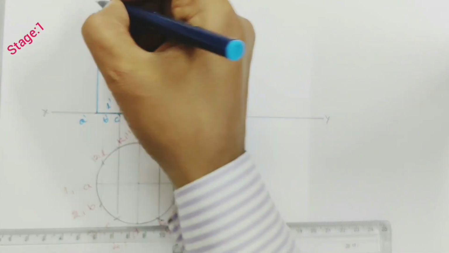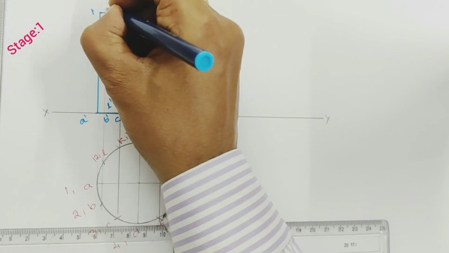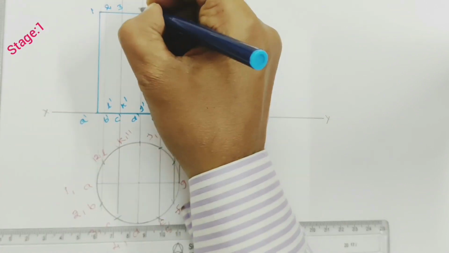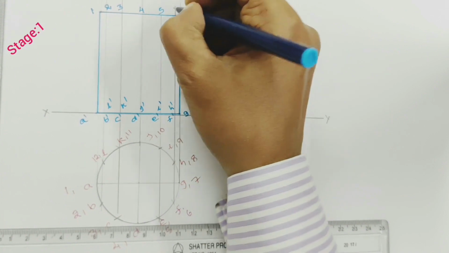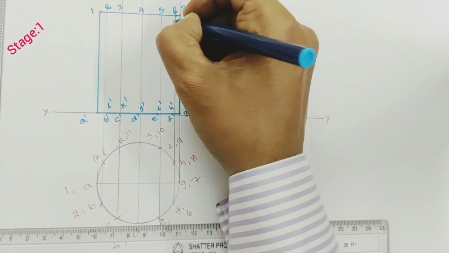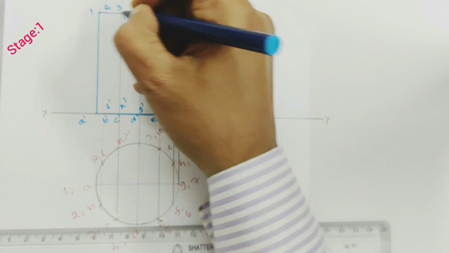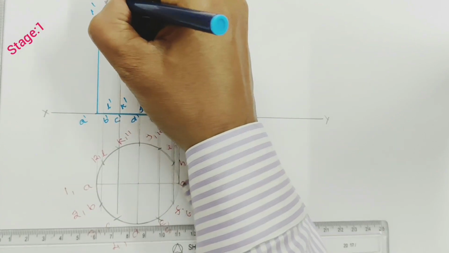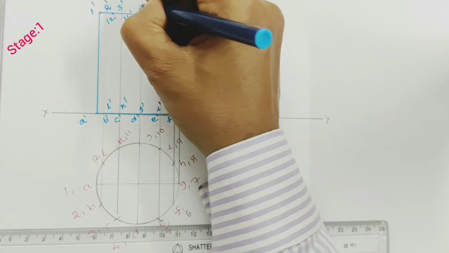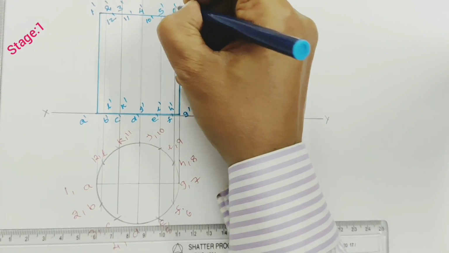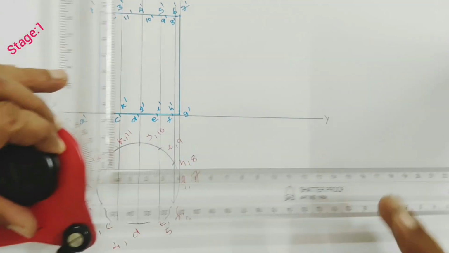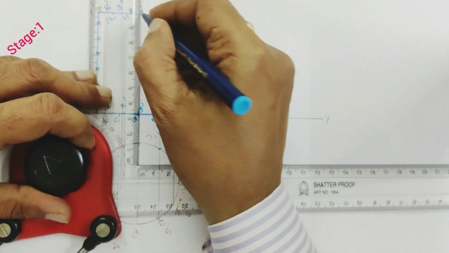Similarly for the top base also, 1, 2, 3, up to 12 with primes. After that, draw the axis line.